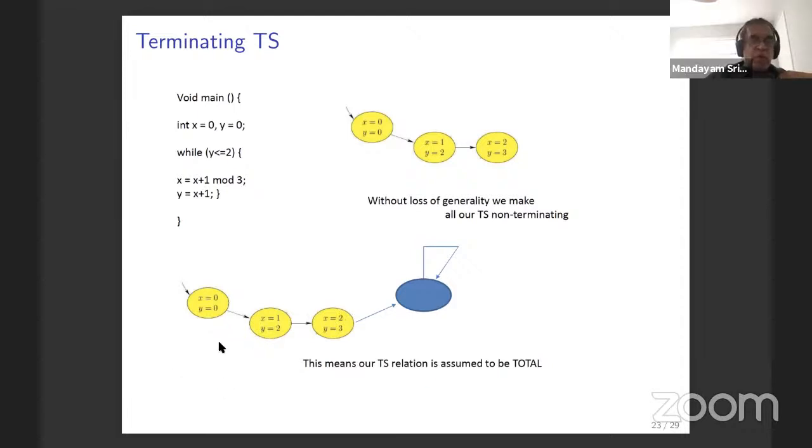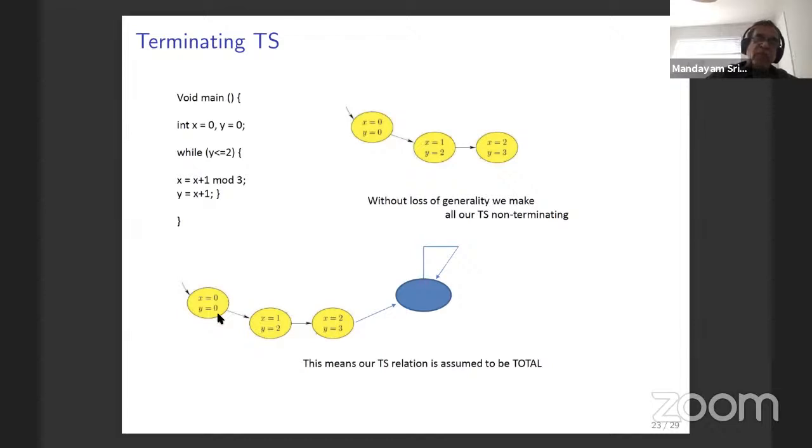Of course, I have not shown all the other states, which need to be included. Otherwise, which one of the yellow states does your comment refer to? The first one and the third one: x equals 0, y equals 0, and x equals 2, y equals 3. Those both states are not related, right? Oh, no, that's not what I mean by total. Total means it has to be total, like a total function.